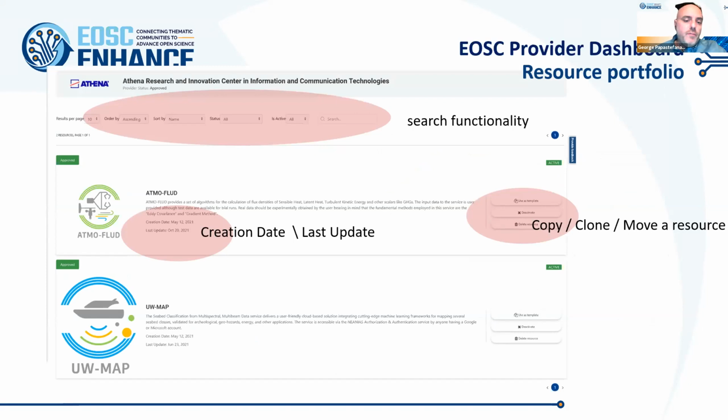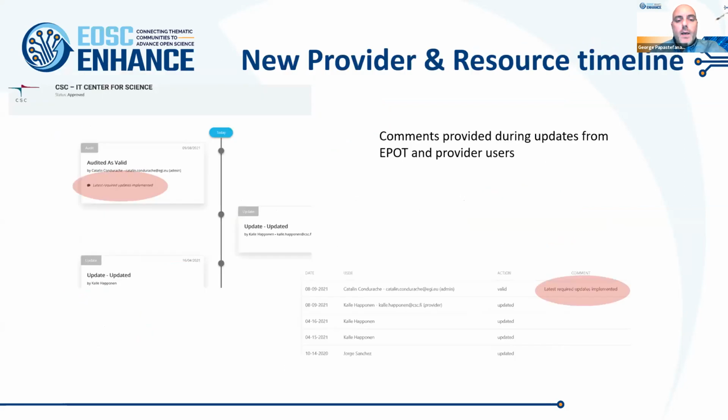And also you have information about the creation date, the last update, the last audit date, and tools for searching in your portfolio. All these actions are recorded and now are available in your timeline. All actions, not only performed by you but also by the onboarding team, are also visible with the comments that you have provided before you make each action.